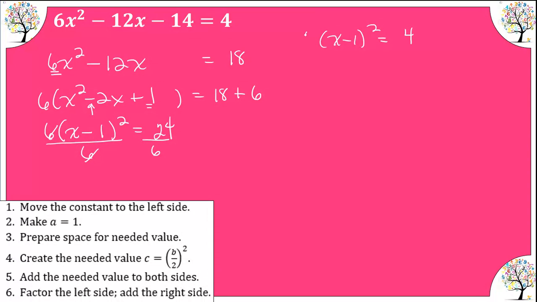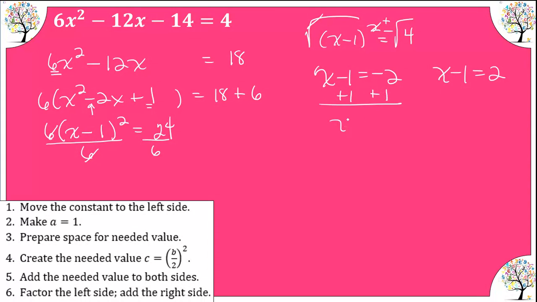Now we need to take the square root of both sides. We have a root of -2 and a root of +2. Now simply solve. And our two roots are -1 and 3.